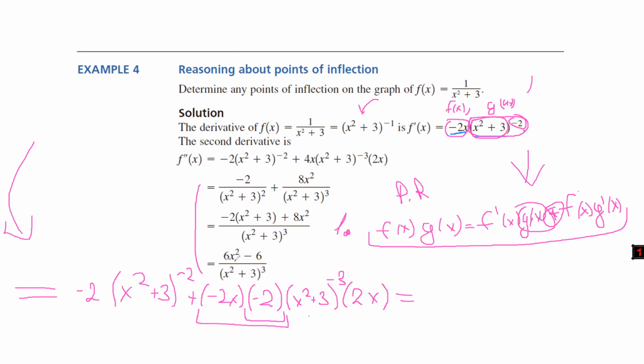Then you open the brackets and bring the common terms together again. You're going to have negative 2x squared plus 8x squared, and it's going to give you 6x squared. Sounds right.